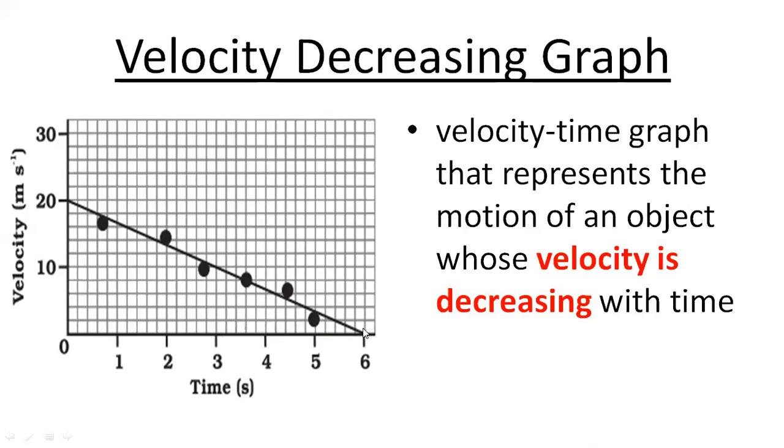So at the 6th second, 0, 1, 2, 3, 4, 5, 6, this body had 0 velocity. It had 20 first, then it reduced and ended at 0 meter per second. So this body was initially in motion, but after 6 seconds it completely stopped. It is not moving at all, and it has 0 velocity.